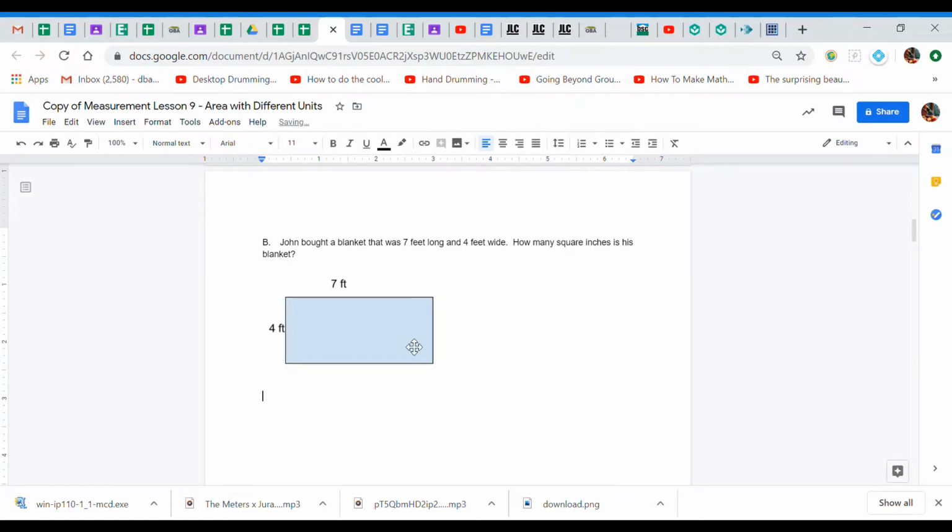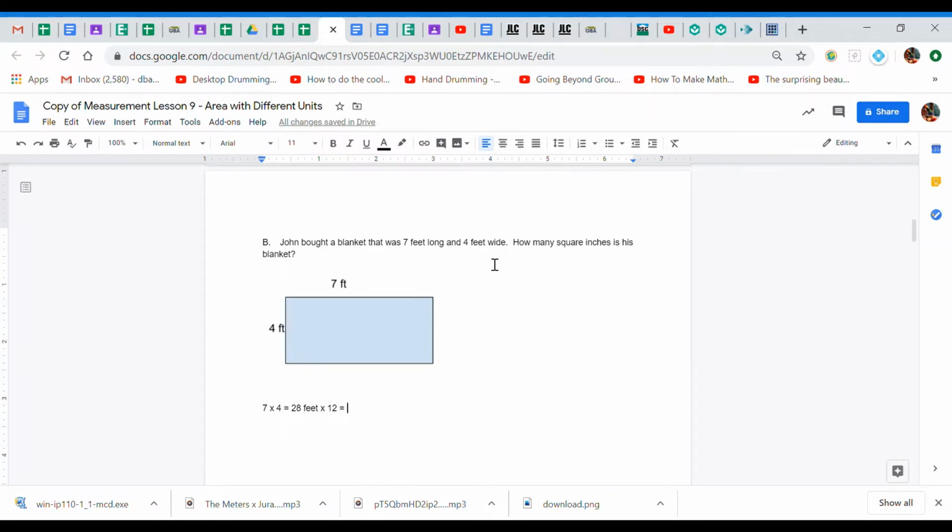So the first option, most of you probably did, is 7 times 4. 7 feet times 4 feet equals 28 feet. So 7 times 4 would be 28 feet, but then you need to convert that to inches. So you might have done 28 feet times 12, because there's 12 inches in each foot. And we're going from a bigger unit to a smaller unit, so we need to multiply.